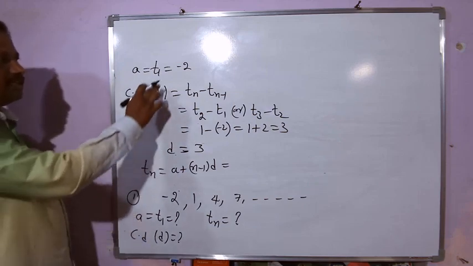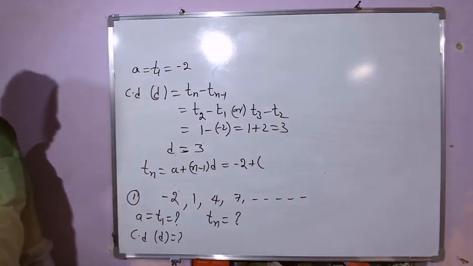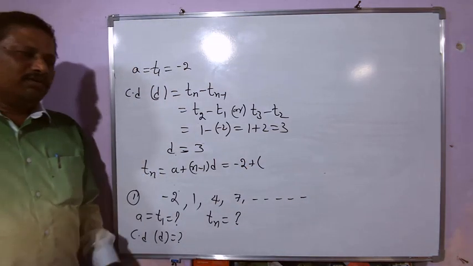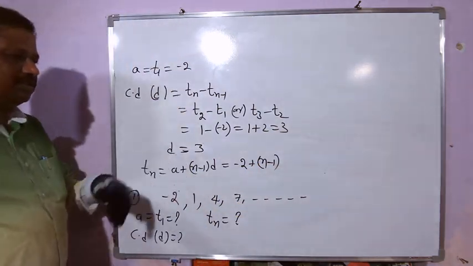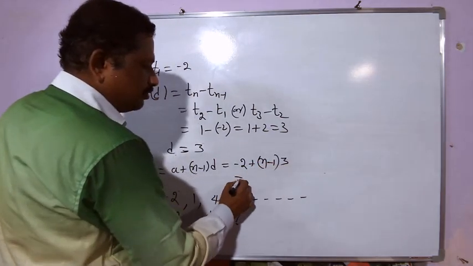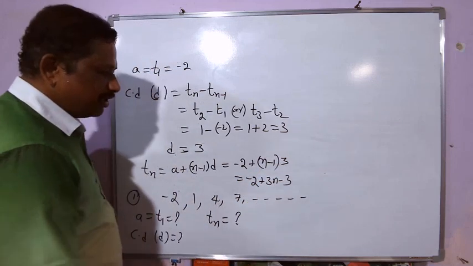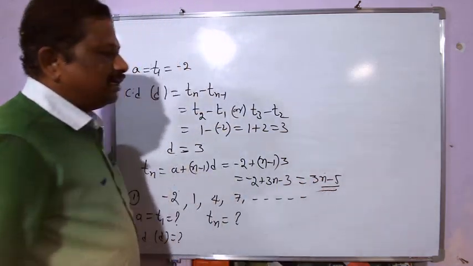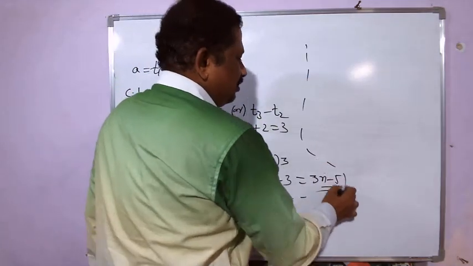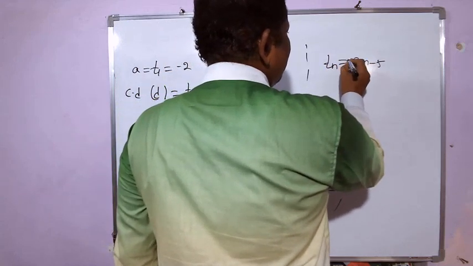So a is minus 2 plus, we don't know the n value, so simply put n minus 1, what is the d value? 3. Substitute. Minus 2 plus 3n minus 3. That will become 3n minus 5, which is the nth term. Tn is equal to 3n minus 5.